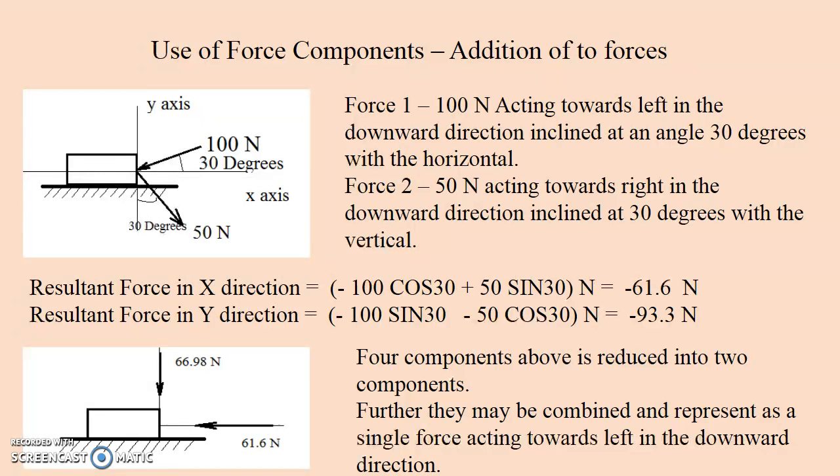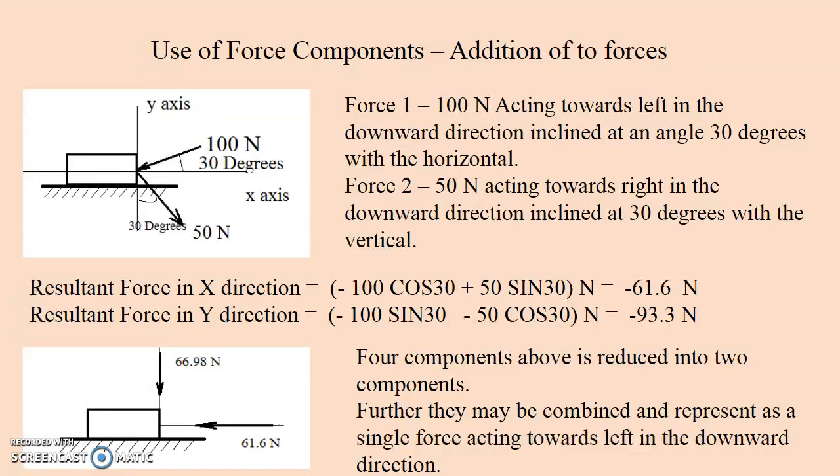The problem here is that these two forces acting in different directions have to be added. So we use the resolution of a force to add these two forces and get the combined effect. For that, we have the resultant of force in x direction, and we have to do it by taking sign into consideration.